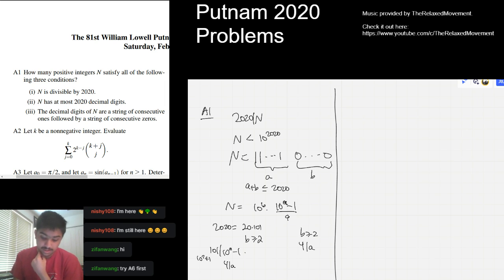Okay, so you just have like, this is annoying now. 4 divides a, so a is like 4x. And b is like 2y. So 2x plus y is less than or equal to 1010. So basically, we can just fix x, right? The sum x equals 1 to 505, so 504.